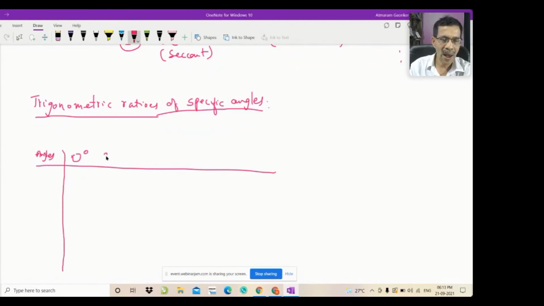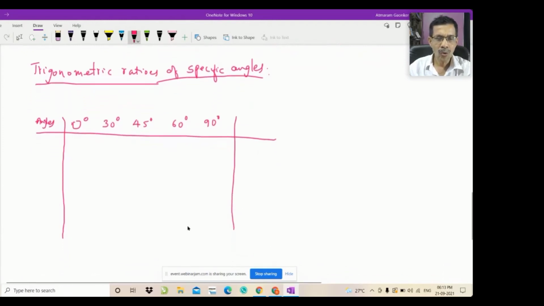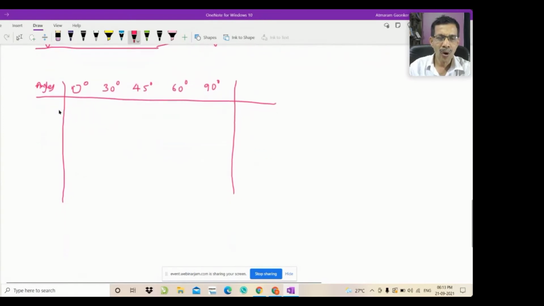One is 0 degree, another one is 30 degrees, the third one is 45 degrees, fourth one is 60 degrees, and fifth one is 90 degrees. So these are the specific angles, and you have to know the values of sine, cos, tan of these specific angles.